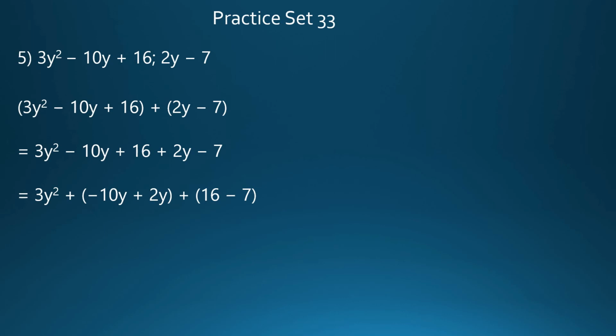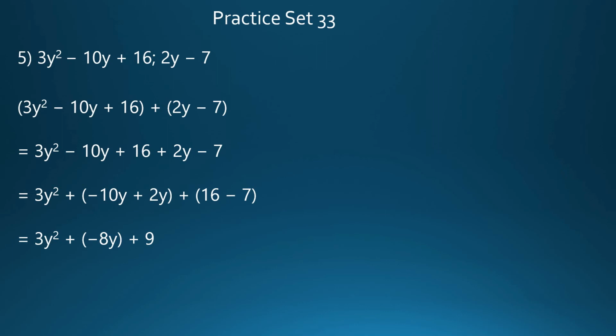In the next step we are going to simplify the brackets. So we will have 3y square plus the answer of minus 10y plus 2y is minus 8y plus the answer of 16 minus 7 is 9. So we will have 3y square plus in bracket minus 8y plus 9.